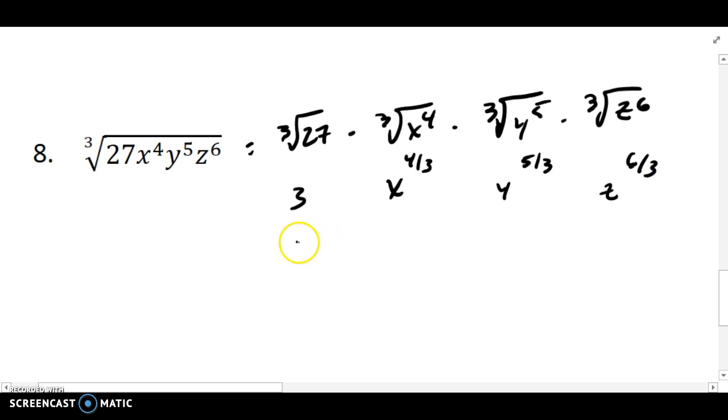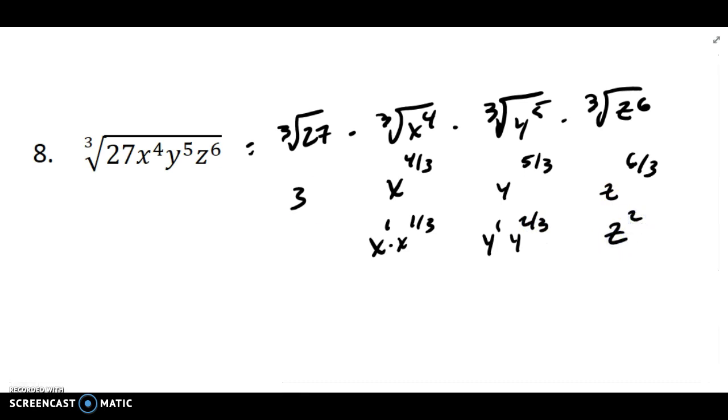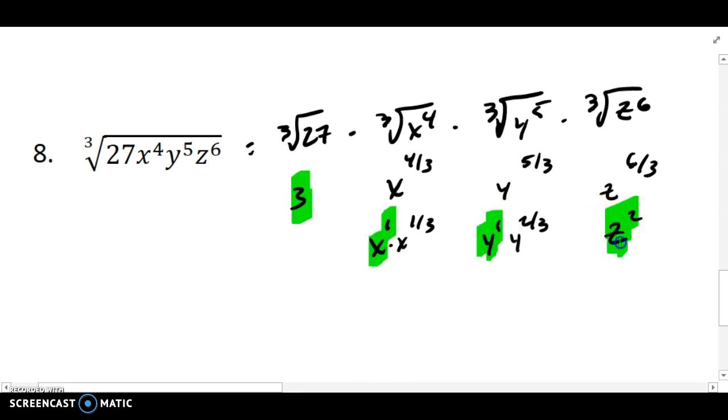So what we're going to do is rewrite this. We have the 3 is done, so I'm going to erase that. Here though, we have 4 thirds, so isn't 4 thirds x to the 1 and then x to the third, right? Because there's 4 thirds of them, so we have a whole x and a third that's left over. Here we have a whole y and 2 thirds that are left over, and here we have 2 whole z's. Okay, so all of this has our normal numbers. So I'm going to write those out first.